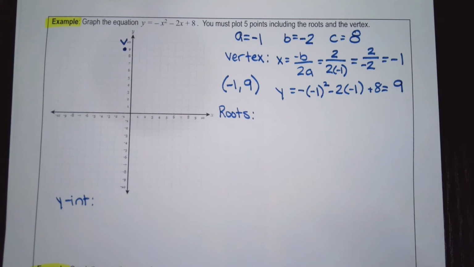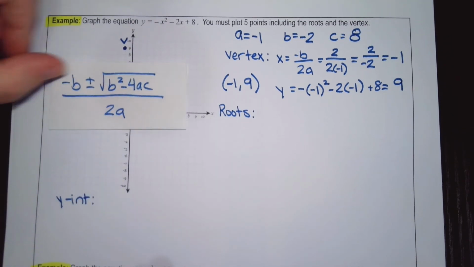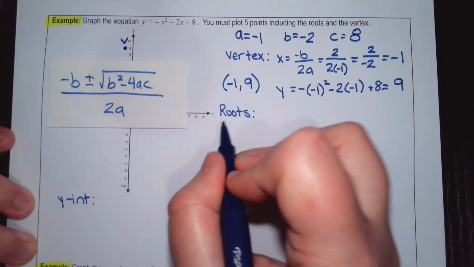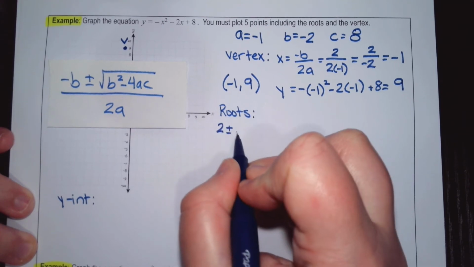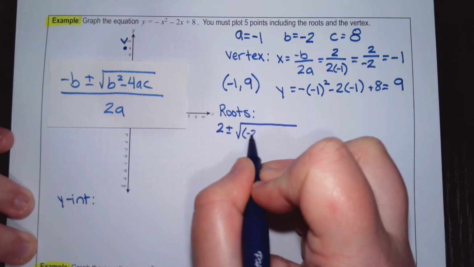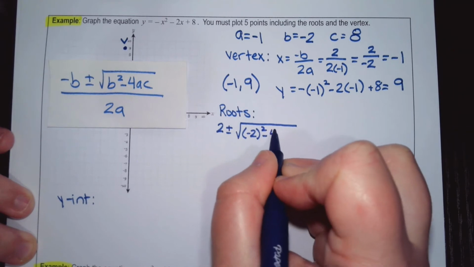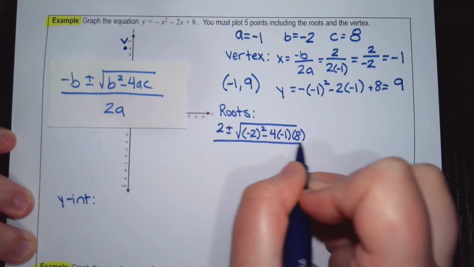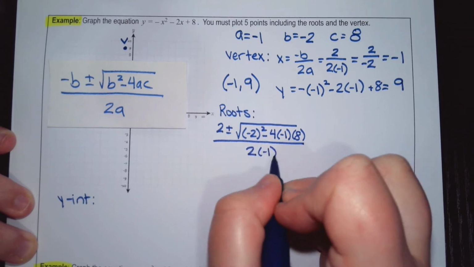Now it's time for our roots. And again, roots are the same thing as x-intercepts. I'm going to use both words, and we're going to use the quadratic formula. So we have 2 plus or minus the square root of negative 2 squared minus 4 times negative 1 times 8, all over 2 times negative 1.